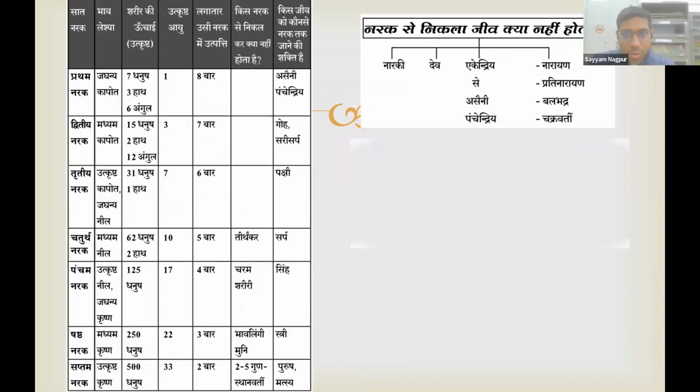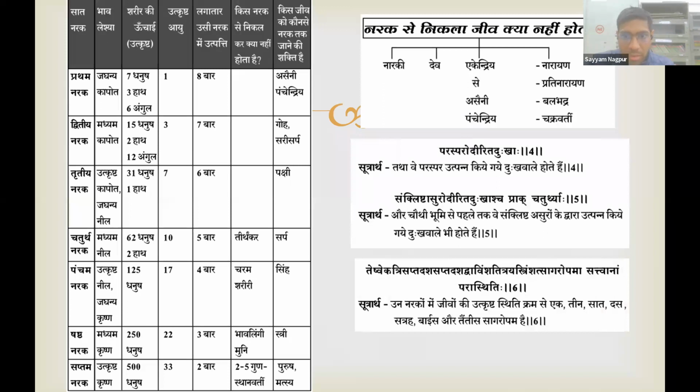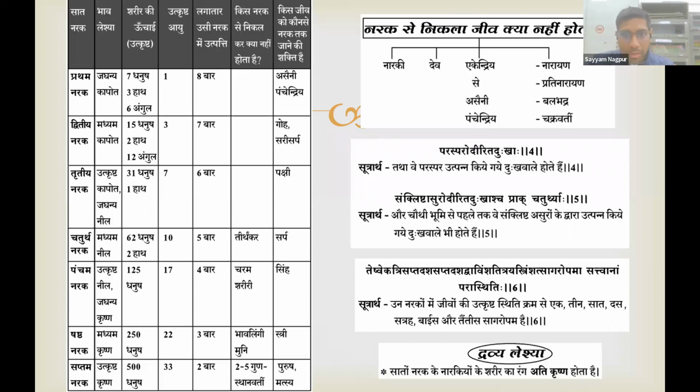Great. I'll show you the sutra where they talk about these devas disturbing others. Yes, this is the fifth sutra of Tatvartsutra, Adhyay number 3. It says, Sanklishta surodhirita dukkhascha prak chaturthyaha.